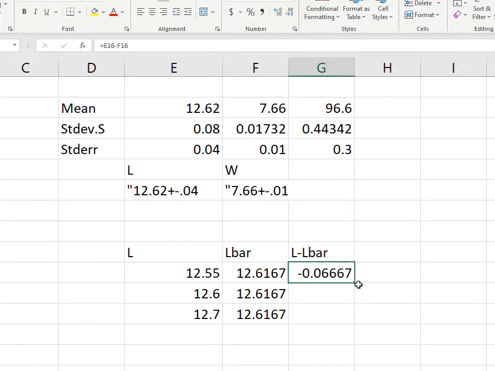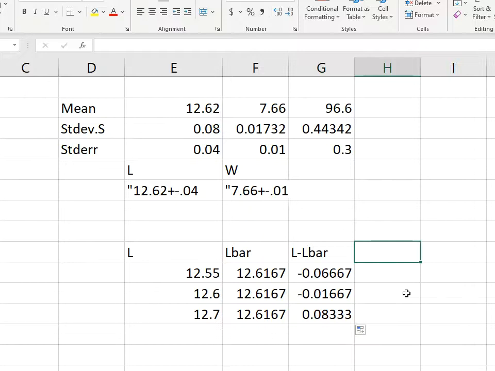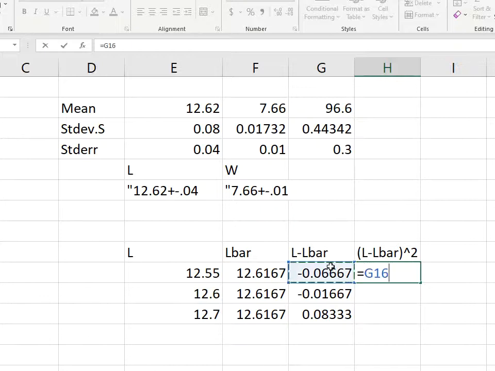You'll notice I'll be getting some negative numbers and some positive numbers. Then I will take parentheses L minus L bar quantity squared, so that will be equal to this squared. Now I've got only positive quantities.